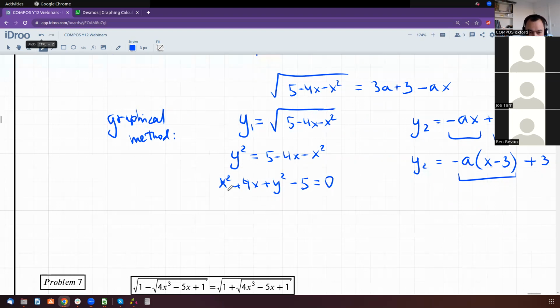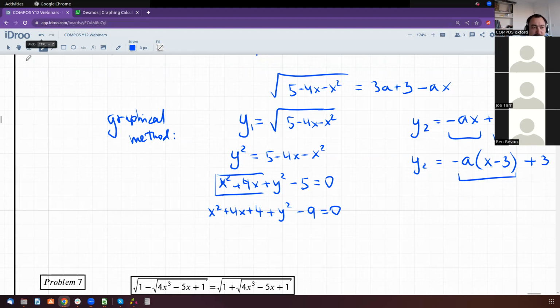Okay. Ooh, let's complete the square. X squared plus 4x, so completing the square, that's x squared plus 4x plus 4 plus y squared minus 9 equals 0.